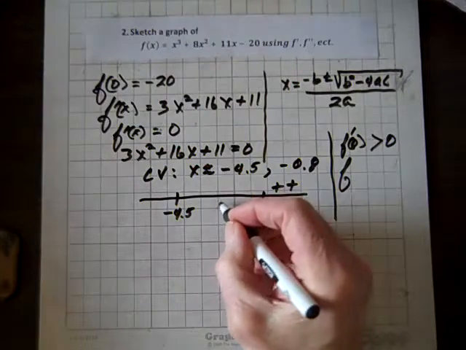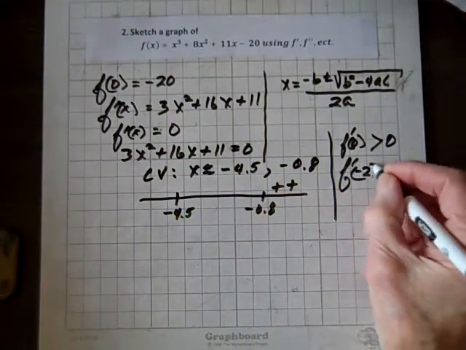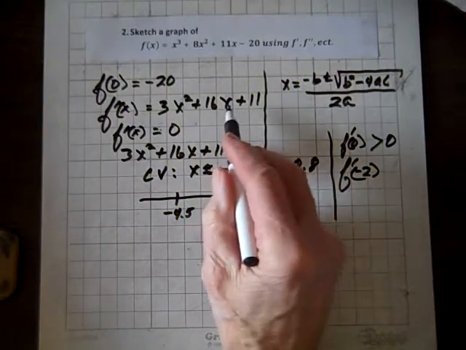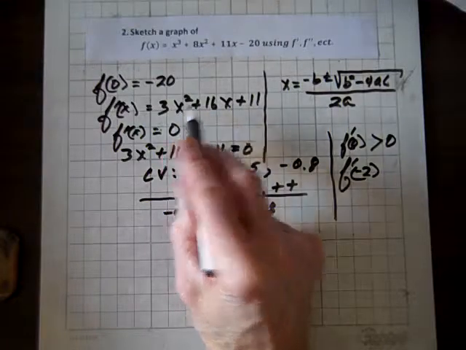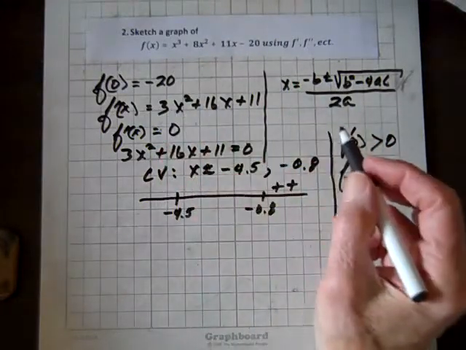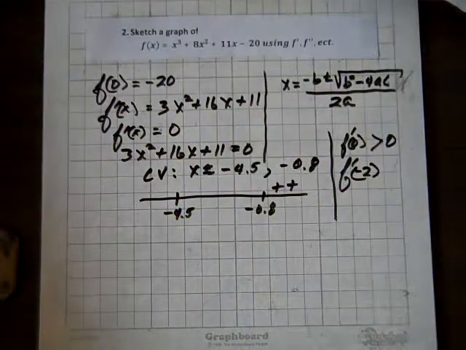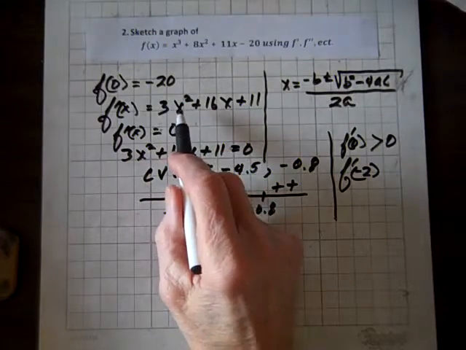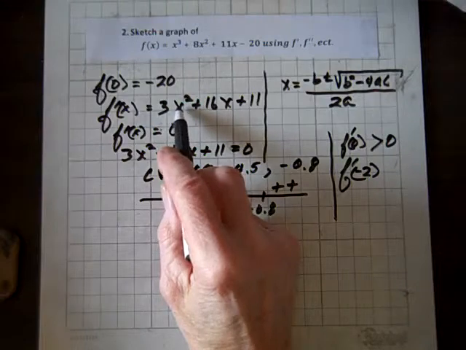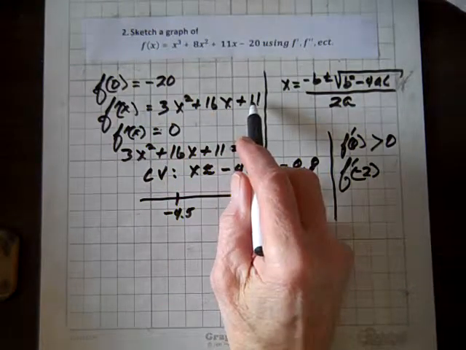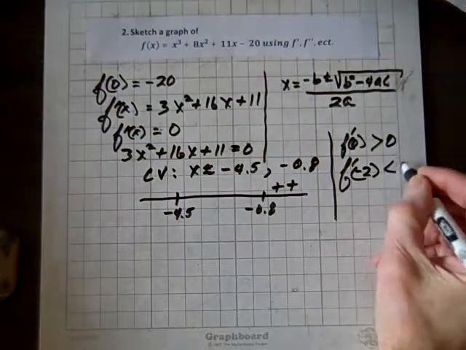If we evaluate for a number in this interval like negative 2, f prime of negative 2, let's compute that. Negative 2 squared is 4, 3 times 4 is 12, plus 11 is 23, but this will be minus 32, so that's less than 0.